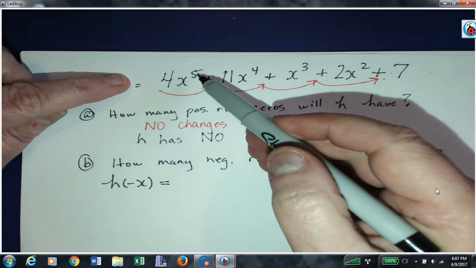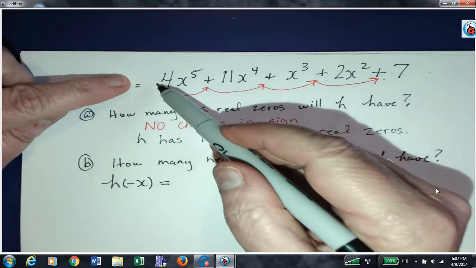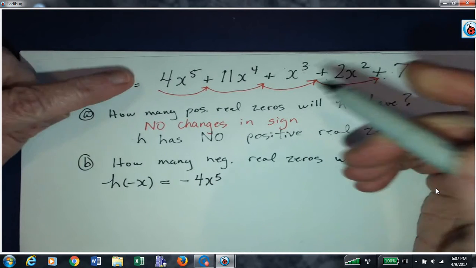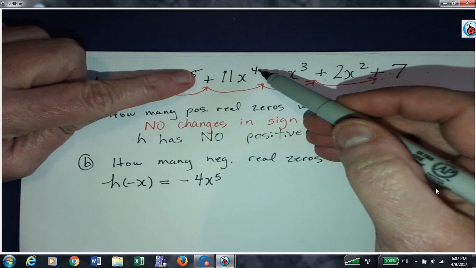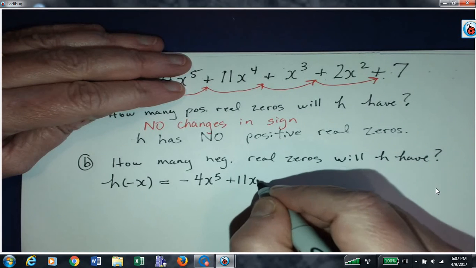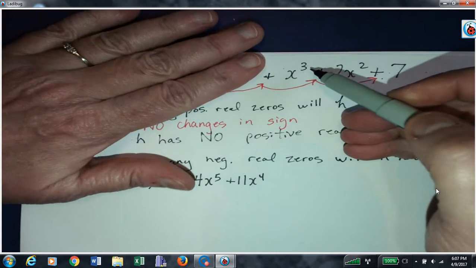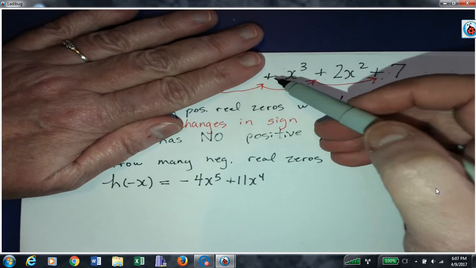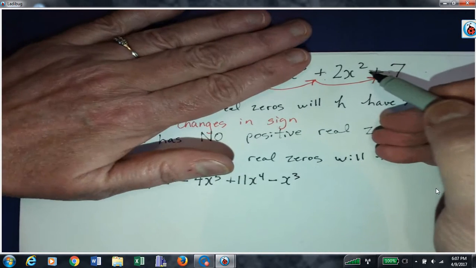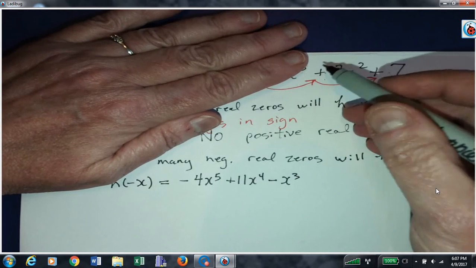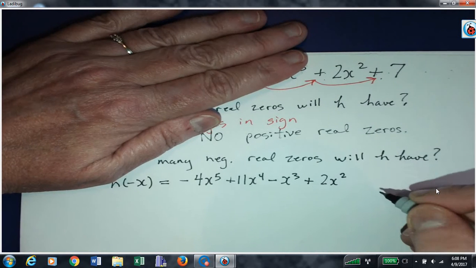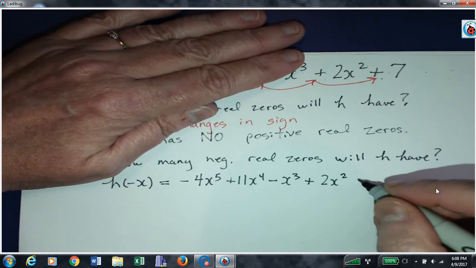This exponent is odd, so the sign changes. This exponent is even, so everything stays the same. This exponent is odd, so the sign changes. This exponent is even, so everything stays the same. And the constant is constant. It will stay the same.